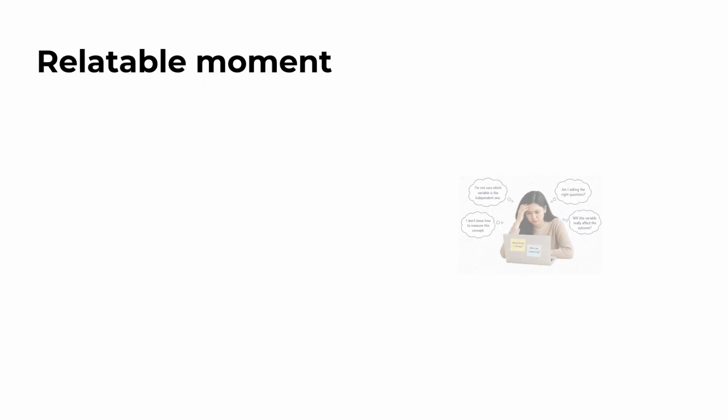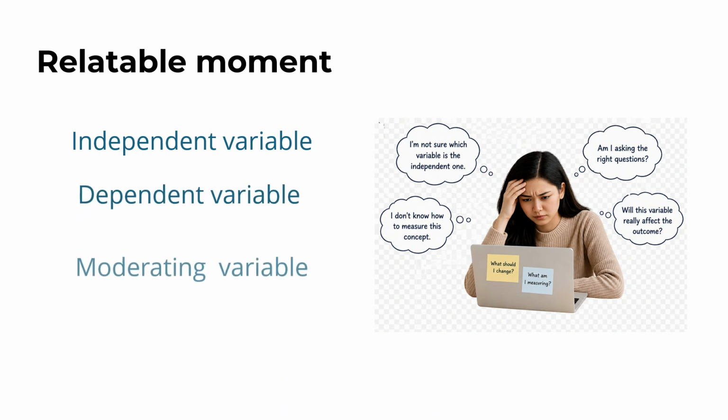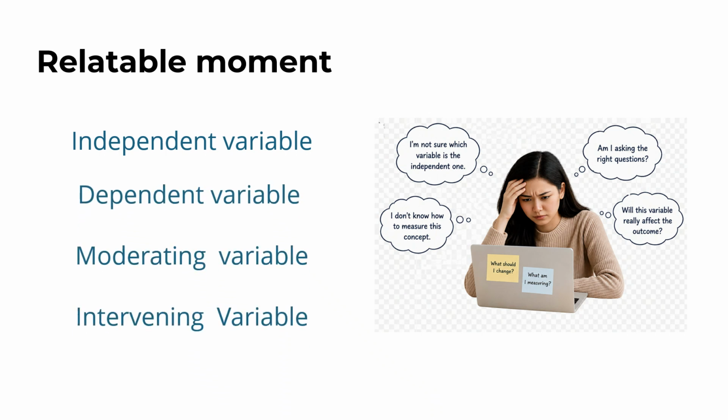Many students experience this moment. Which one is the independent variable? Am I asking the right question? Will this affect my results? Sometimes we overthink variables because there are many terms to remember. But that confusion is completely normal.